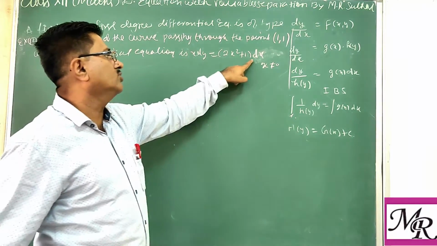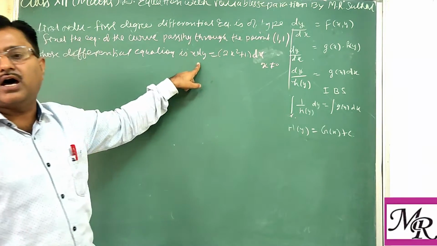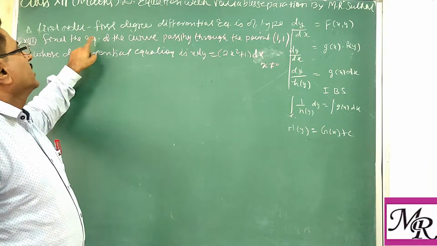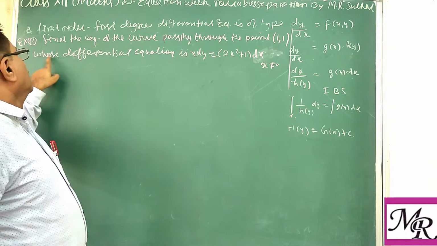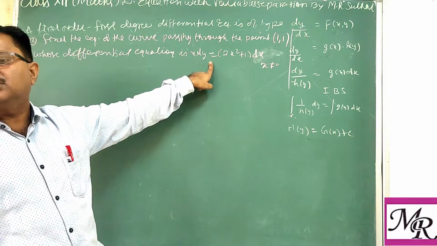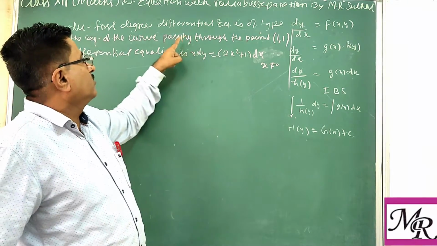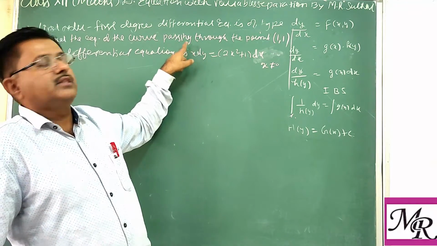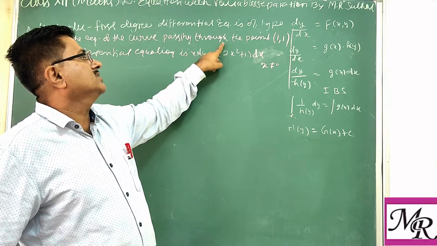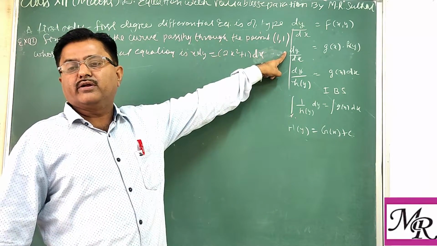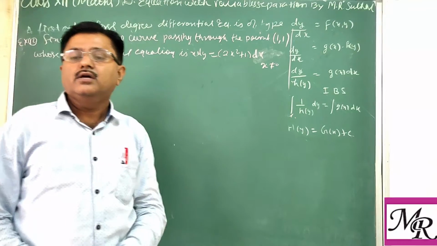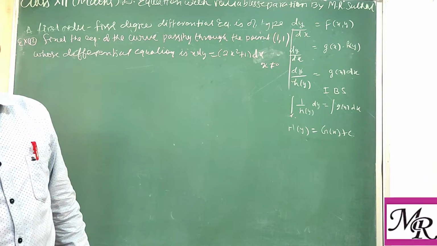So you have to find its solution, but one condition is given, that this curve is passing through the point (1, 1). It means we can find the particular solution.